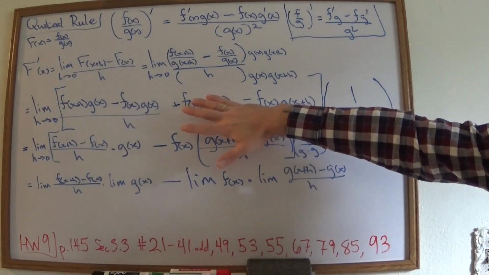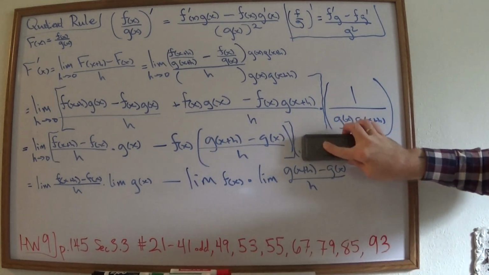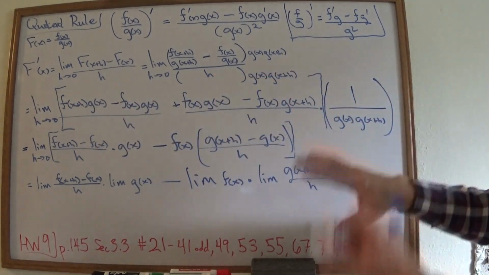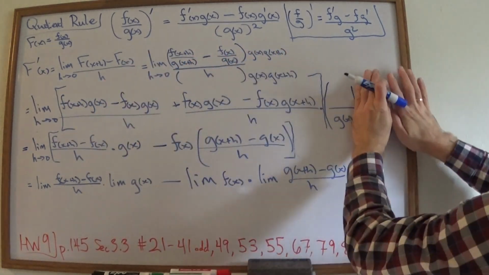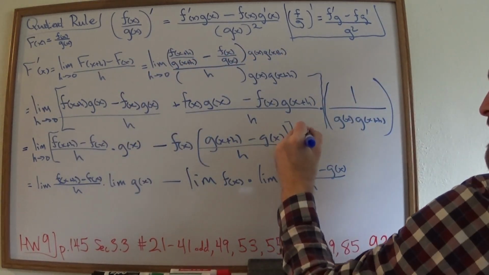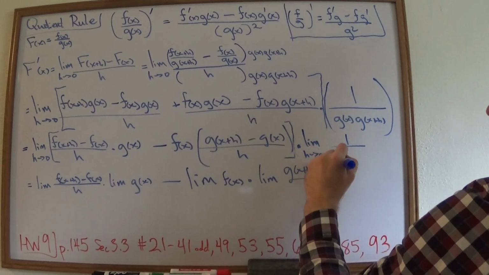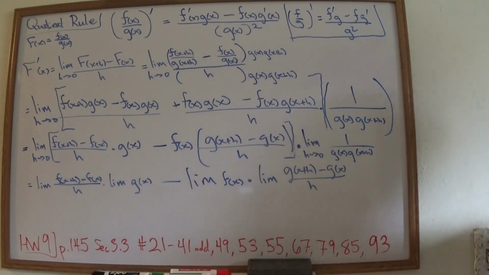That's what I get for being sloppy. It's all of that stuff times this. It's all of this times this, and it's the limit of that. So here's my product. It's a limit of the product of two things. So that's times the limit as h goes to 0 of 1 over g of x plus h.